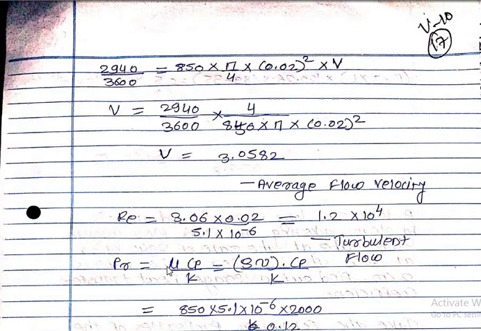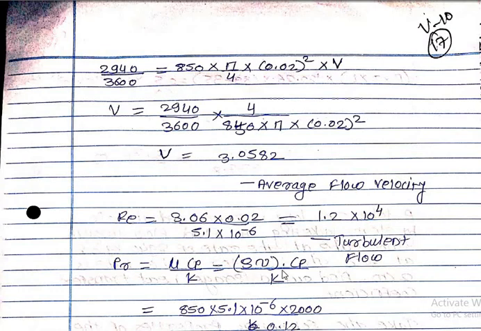Therefore the dynamic viscosity is equal to density multiplied by kinematic viscosity. So mu is equal to rho into nu, where nu is the kinematic viscosity. So rho into nu multiplied by Cp divided by K is nothing but the Prandtl number.